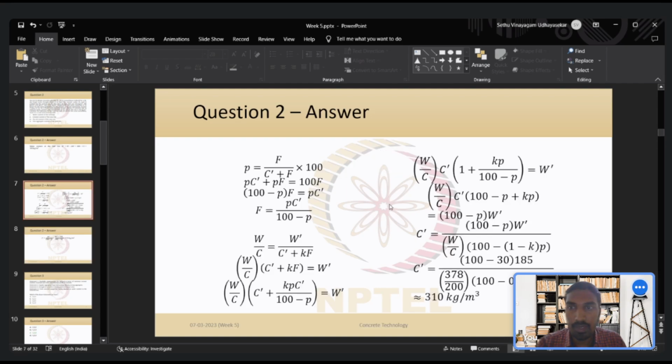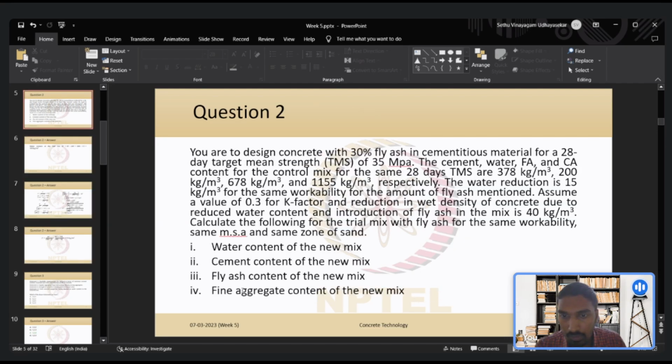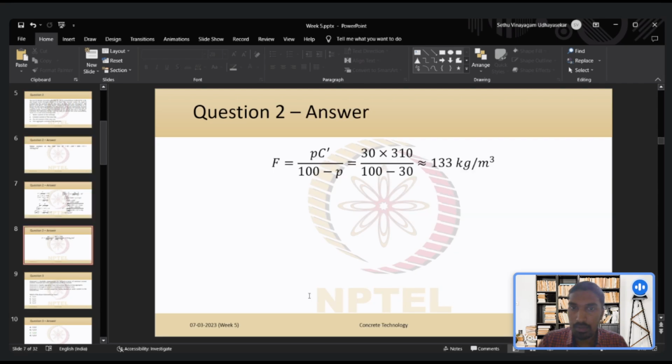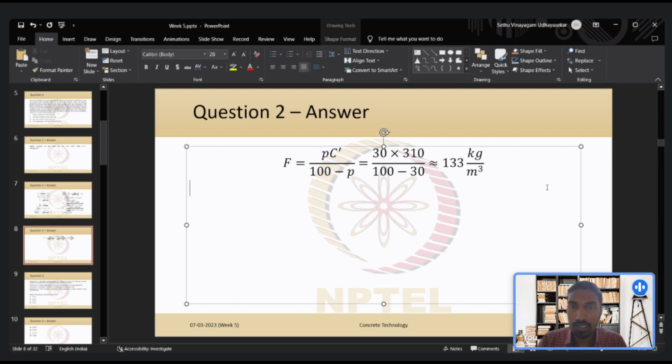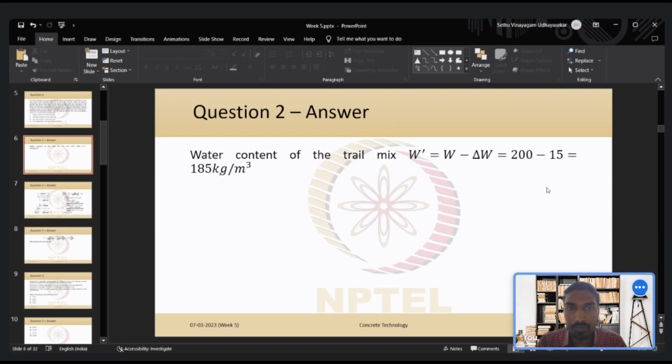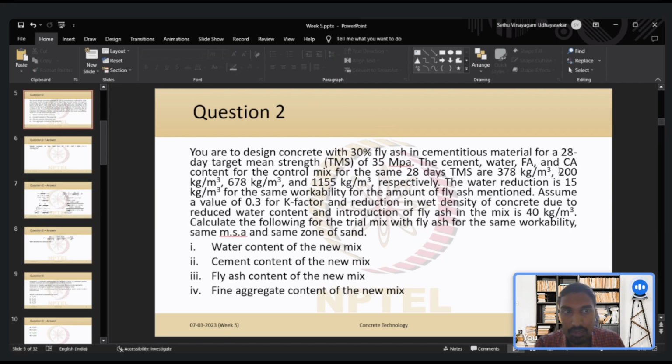Okay, and then the final quantity that you want to determine is the fine aggregate content. How do we determine it? To do that, we will need to know the total wet density of the concrete. First, the wet density for the control mix. It is 378 plus 200 plus 678 plus 1155.